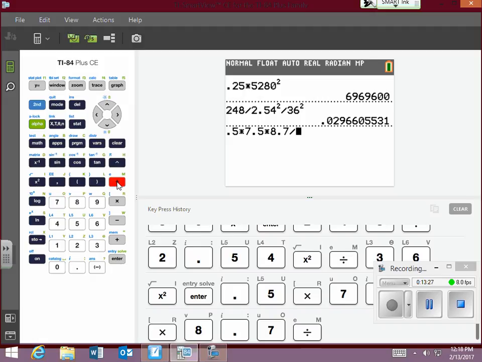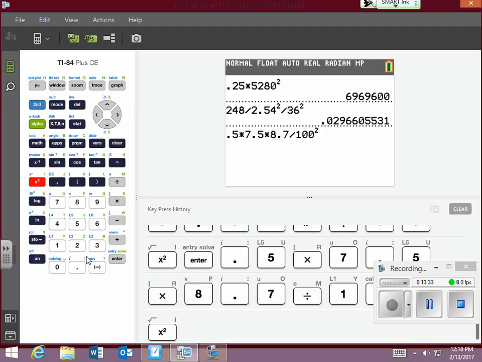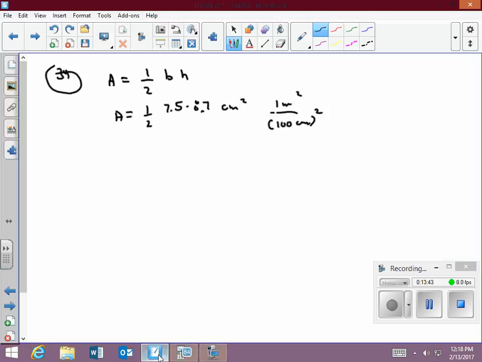It's like 0.3, I guess 3 point something. Meters squared.